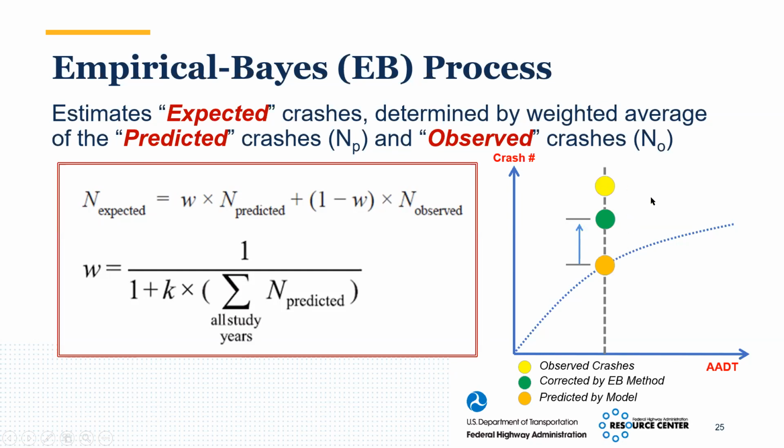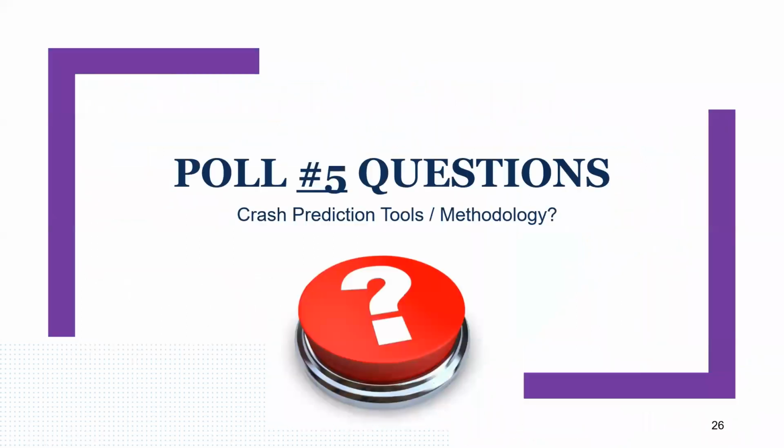So this is pooling the expected crashes toward the mean between these two, but it's not the exact mean. Depending on the value of the W, which is based on the quality of the prediction model, it's a weighted average between these two.